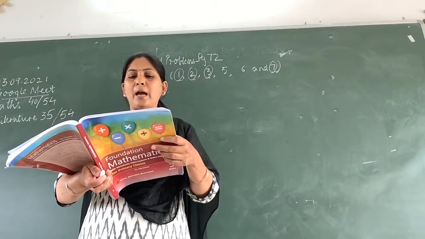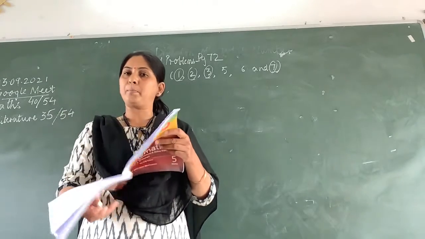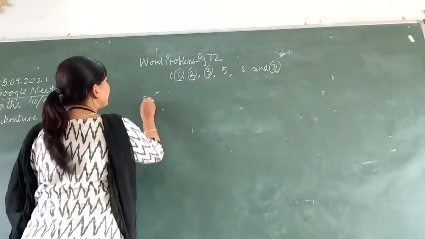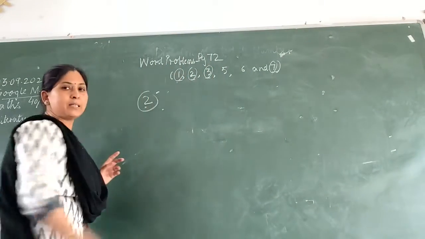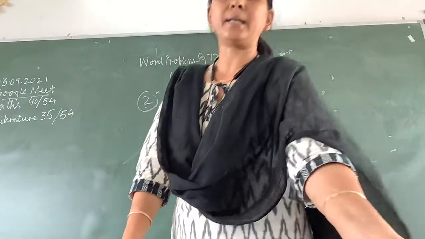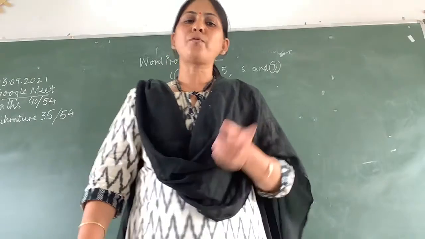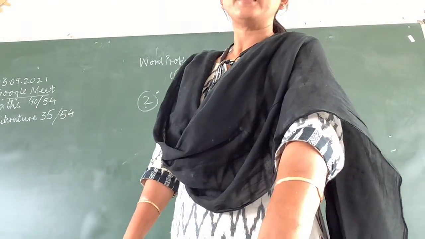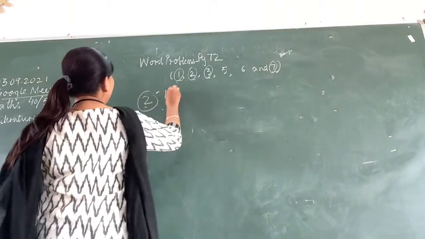Out of this, children, I would like to explain problem number 2. Problem number 1 I will send you on WhatsApp. Now problem number 2 is, let's read and understand. If the cost of 15 pencils is 32 and a half rupees. Let me write the problem.